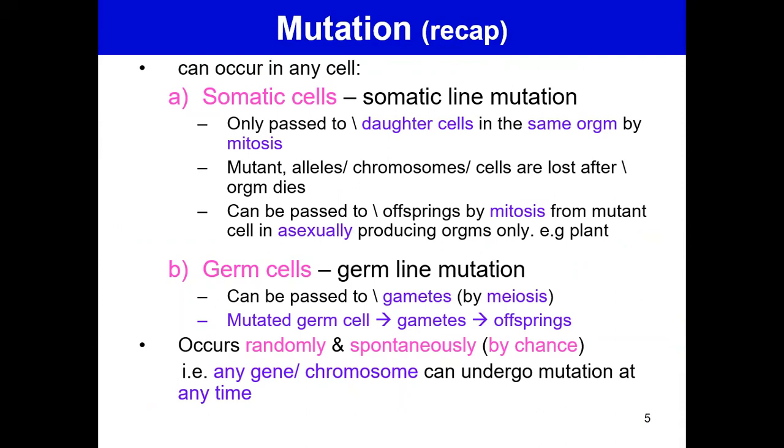And mutation is always considered random and spontaneous. That means it's by chance. How to think of it as by chance: let's say you eat every day, and once in a blue moon you bite your own tongue. This is called spontaneous. You do not know when, and it's randomly happening. So mutation occurs in this manner. It's random and spontaneous, meaning by chance.